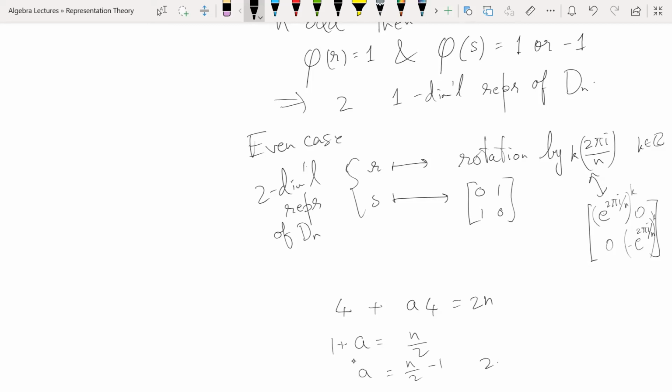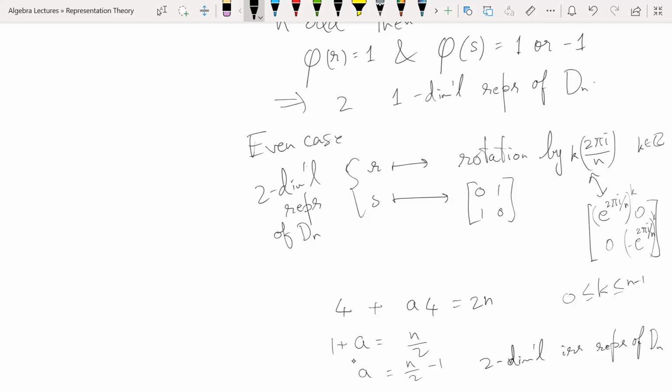So there are n over 2 minus 1 two-dimensional irreducible representations of Dn, and these will give you, if you look at various k, as I said, k will vary between 0 and n minus 1. These will give you certain two-dimensional representations, and it's counting almost by double.